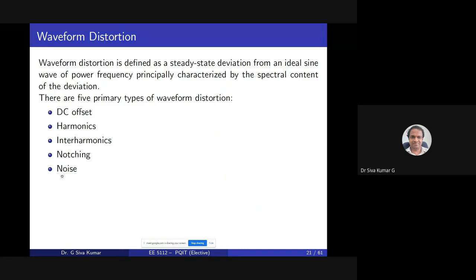The noise also. When you see noise in the CRO while measuring a voltage signal, everyone used to say that there is no proper grounding connection.